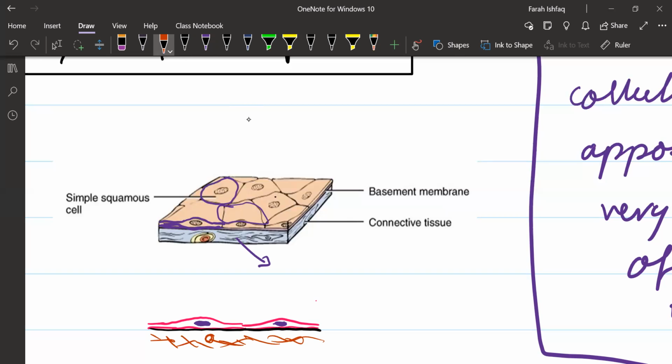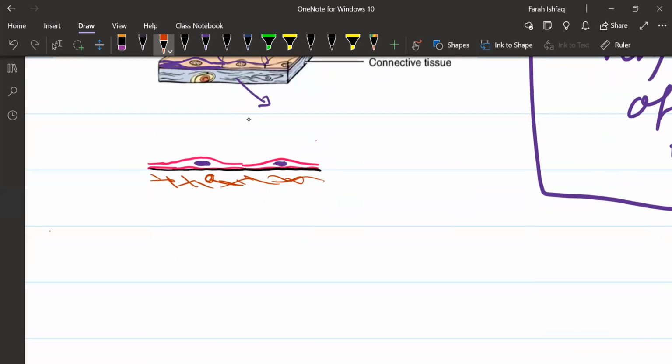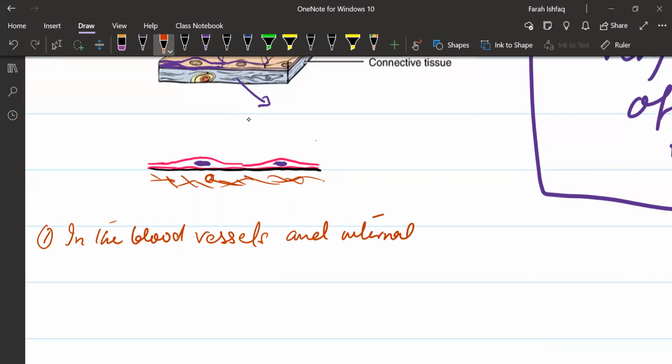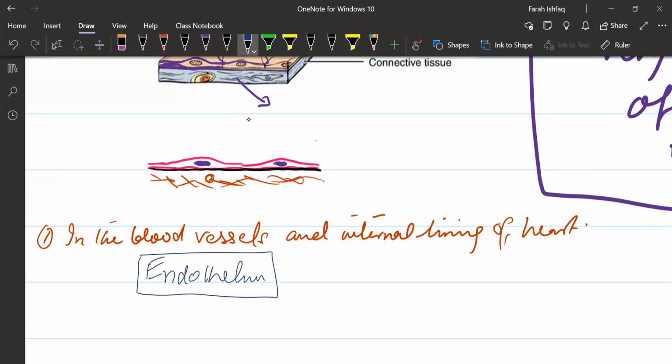Now, chief examples of this type of epithelium are the endothelial cells, which cover the blood vessels and the internal lining of the heart. Here it is known as the endothelium.